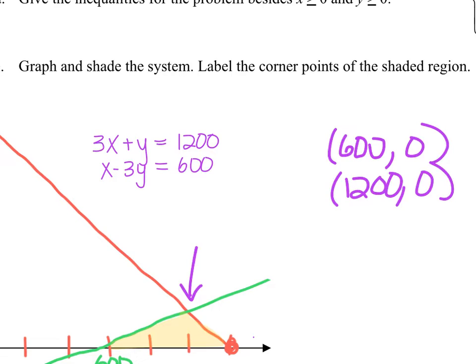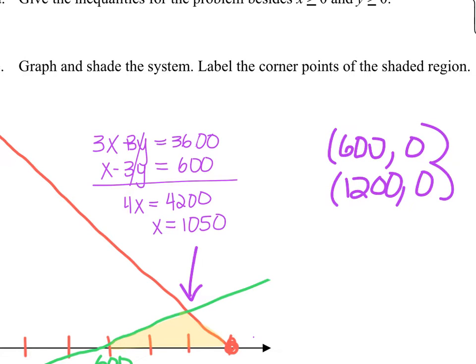If I tripled that one, I'd have 3600. That's one way to do it. You could have gotten rid of the x's too if you wanted. And we've tripled everything. All right, so we have 4x equals 4200 when you add those two together. And so x would be 4200 divided by 4, which is 1050.